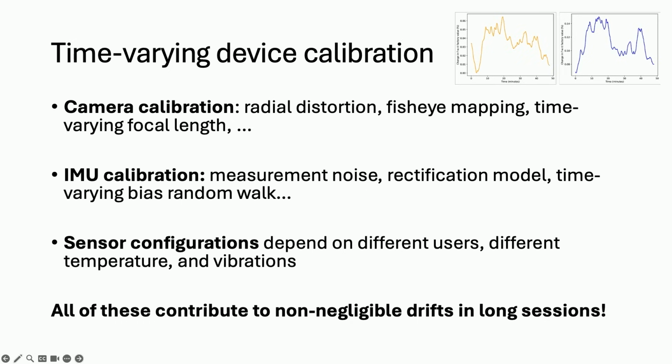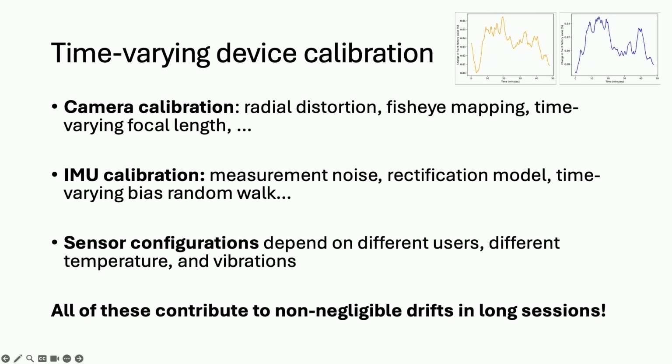So the radial distortion, the focal length, and also the time-varying bias in the IMU modeling are not really constant with the factory calibration. Instead, they have a time-varying random walk that needs to be modeled, and also, because of the vibration and the bending of the devices, the sensor configurations are also not constant to the factory calibration.